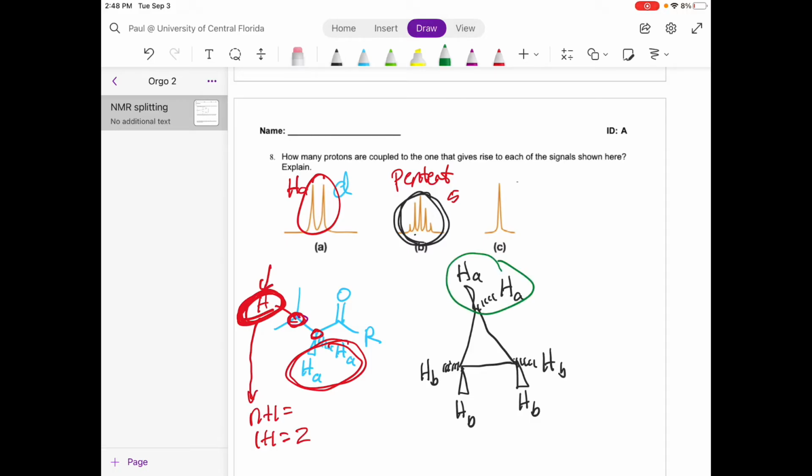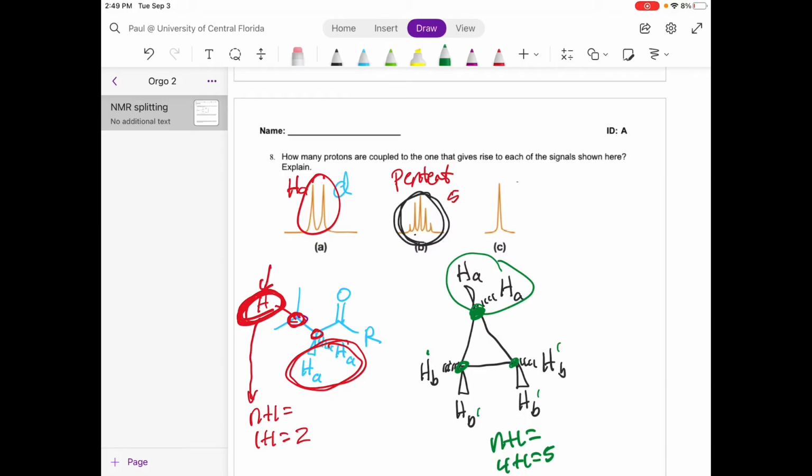We have 1 signal for those 2 protons, HA, and when we look at the adjacent carbons, those hydrogens are attached to that carbon. Where are the adjacent carbons? Right there and there. Since those 2 adjacent carbons are equivalent, you just add up all the protons: 1, 2, 3, 4. There's 4 protons, so the n+1 rule states that 4 plus 1 equals 5, giving us a pentet. And that's what we would expect.